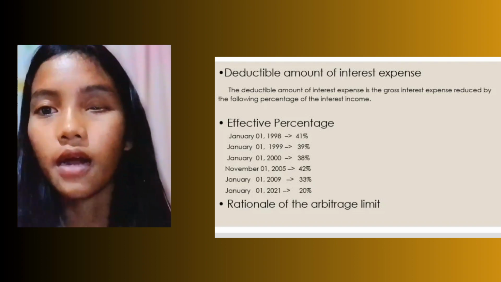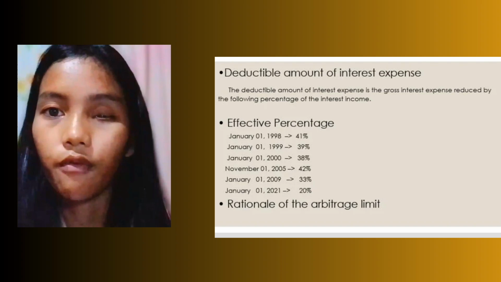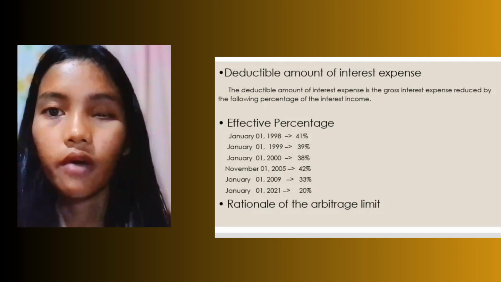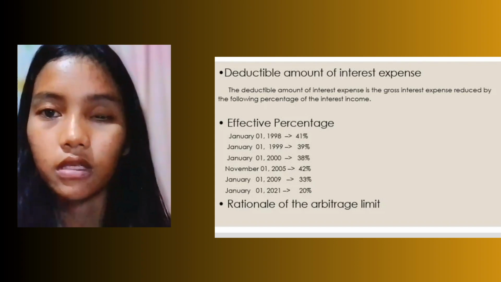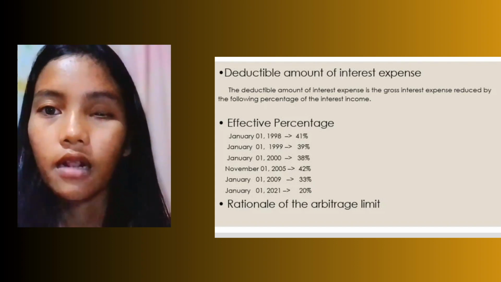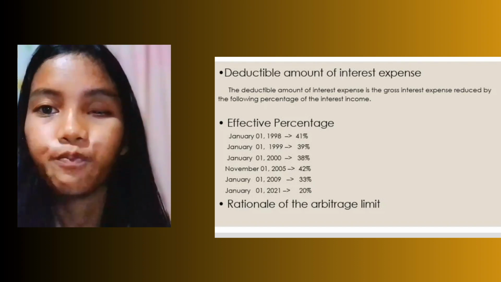In rationale, the arbitrage limit is intended to recover the tax savings of taxpayers who take advantage of the higher regular tax savings created from interest expense deduction and the lower final tax on deposit interest income.